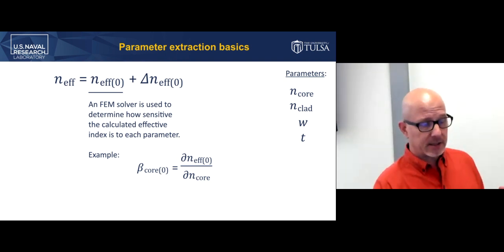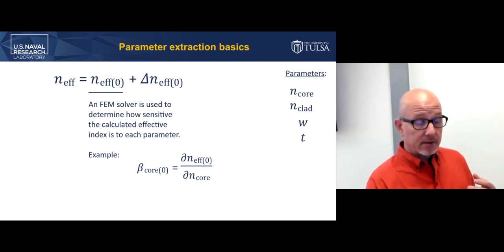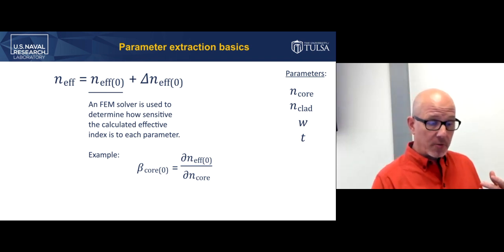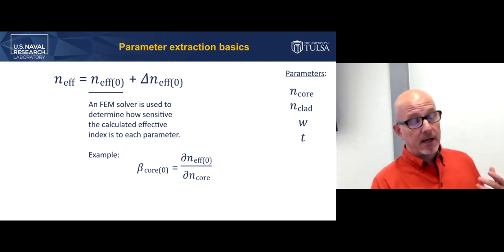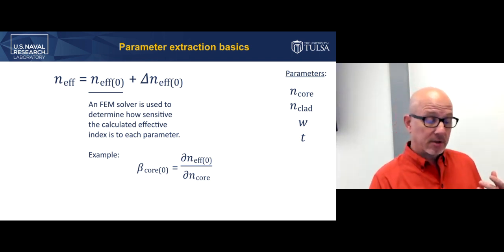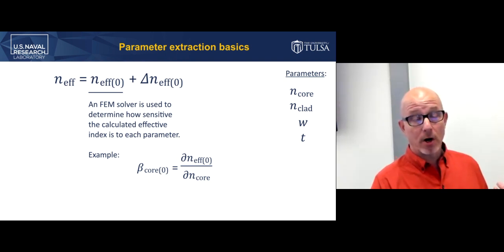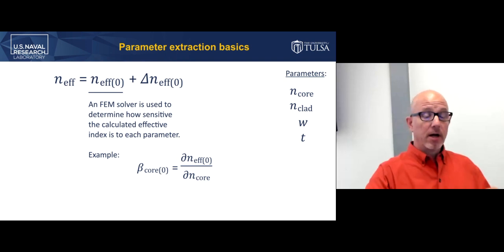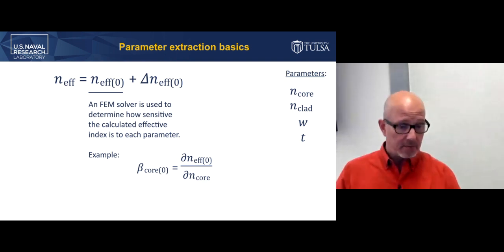So just as an example, I define them as beta. So the sensitivity Jacobian element would be, what's the rate of change of the calculated effective index as I change the core index. So that'd be beta core, I'd have a beta cladding, and beta width, and beta thickness as well.